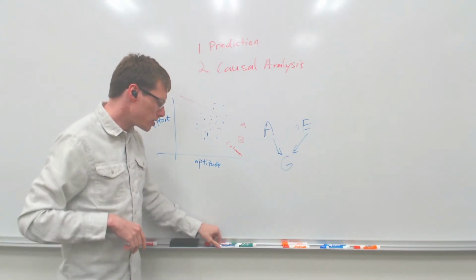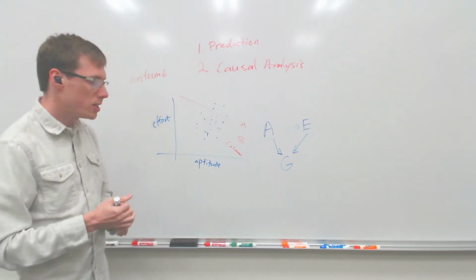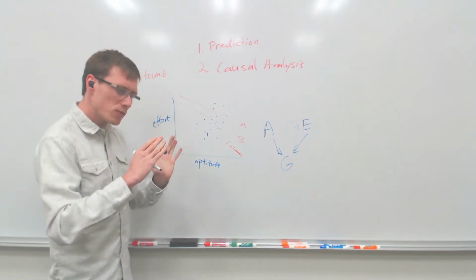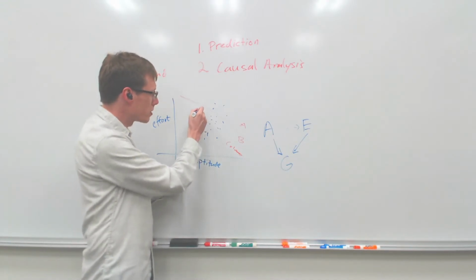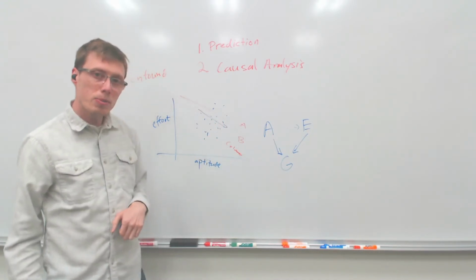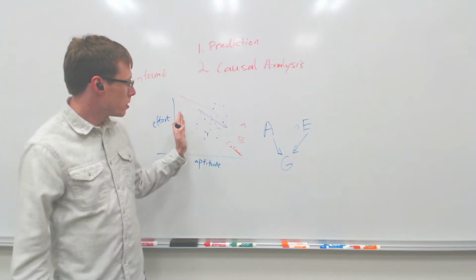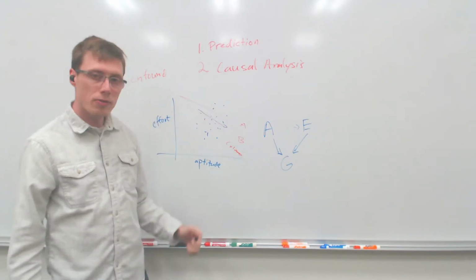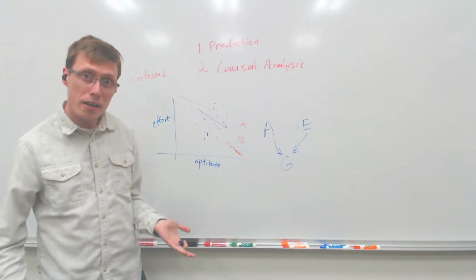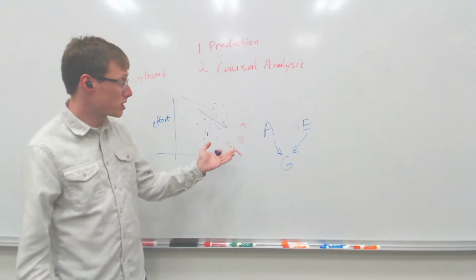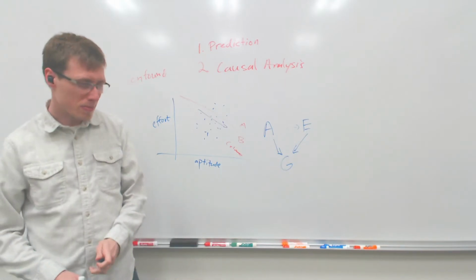And so the problem is that once you introduce the grade and you start saying, okay, adjust for grade, consider the people who just got Bs. Is there a relationship there? You betcha there is. Among people who got Bs, those with higher aptitude put in less effort. Why? Because if they had put in the same amount of effort, they would have got an A. And we're considering the people who got Bs.